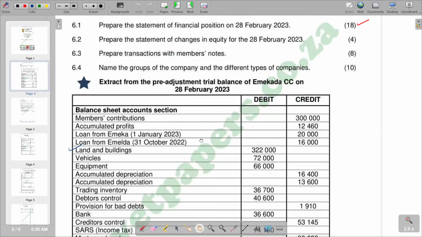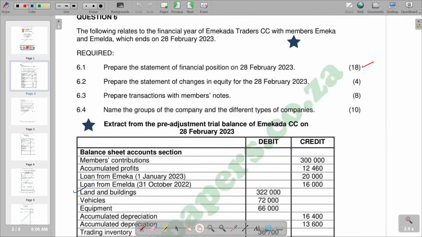So see that our year is starting 1 March 2022 to 28th February 2023. So this is going to be our year, and the balances that we are given are on 28th February 2023. Very important for us to take note of that.